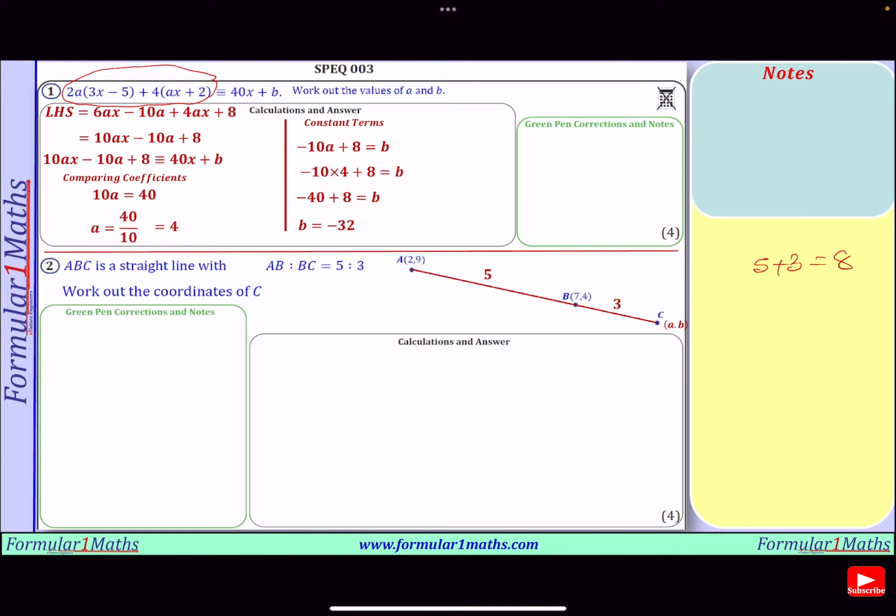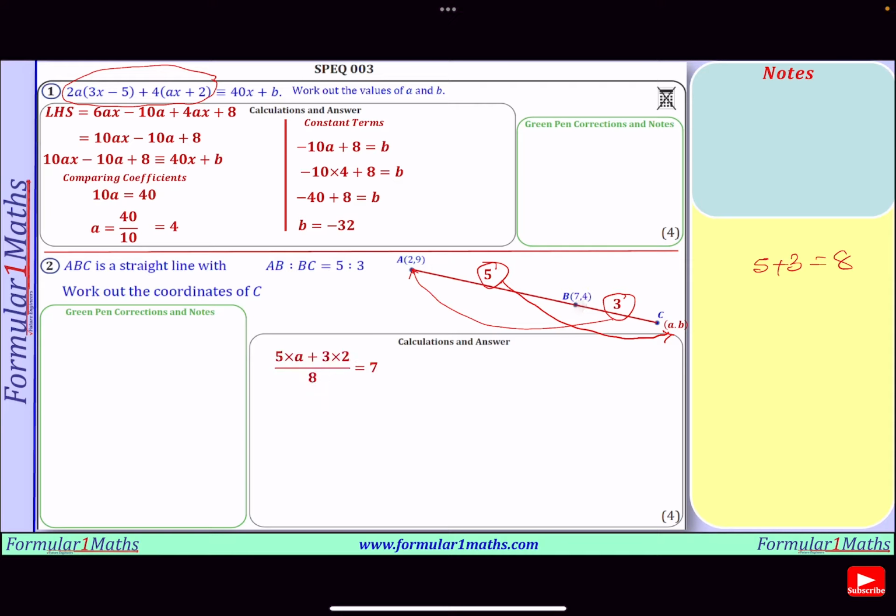Then to find the x coordinate of C, if I multiply 3 by the x coordinate of A, which is 2, and add 5 times the x coordinate of C, then divide by the sum 8, I'm going to get the x coordinate of B. Let me repeat this. 3 times 2 plus 5 times a, divided by 8, gives me 7.